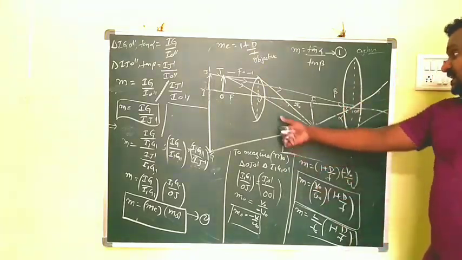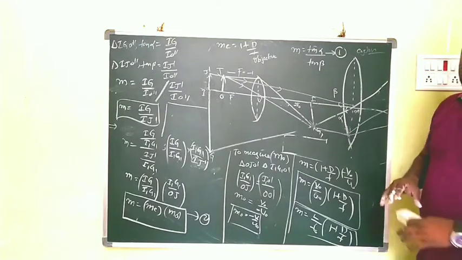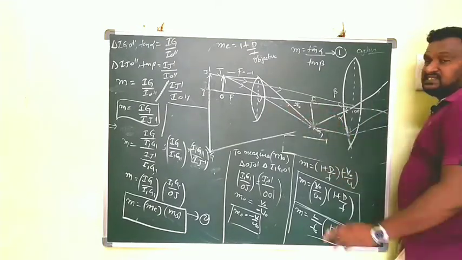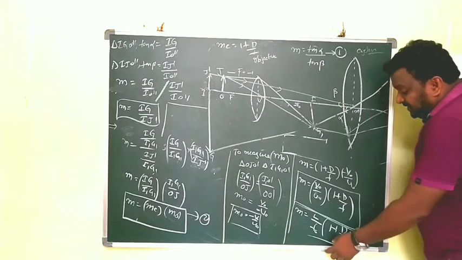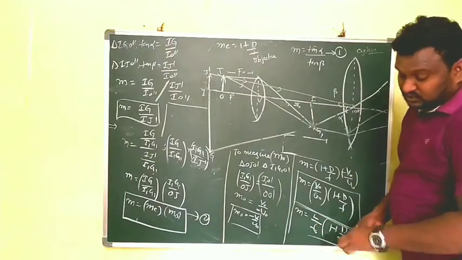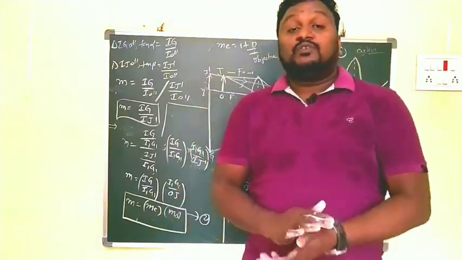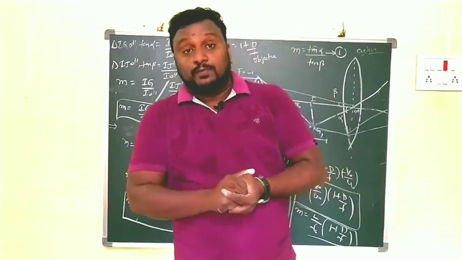That's why the image distance must be taken as the length of the microscope. Here the length of the microscope is nothing but the distance between the two lenses. That's why it should be taken as L by F0 into 1 plus D by F. So this is the compound microscope, finding the magnifying power and its working.